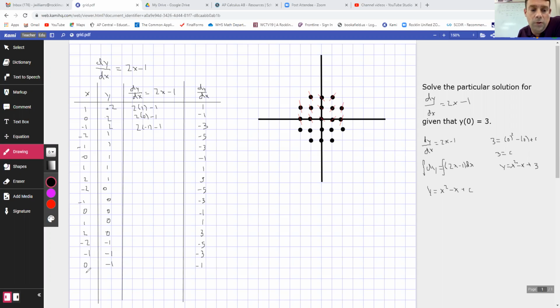And then we have 1, -1, 2, -1. And last but not least, -1, -2. That would give me -3. 0, -2. And 1, -2. So if I were to plug in all these values, I get this funky little shape.